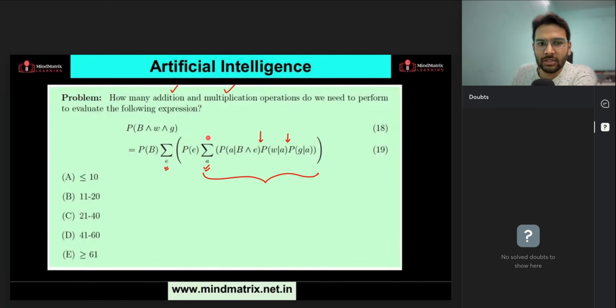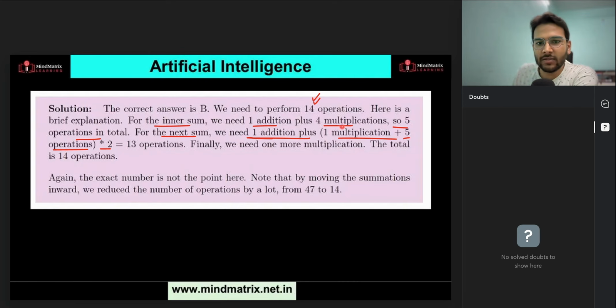Then 1 multiplication is there. Carefully see this. This is the 1 multiplication. And this inner one is having how many operations? 5, right? 5 operations in total. And then you are going to add again, and there also you are going to perform 5 operations again. So that is the reason it is 1 multiplication plus 5 operations into 2.